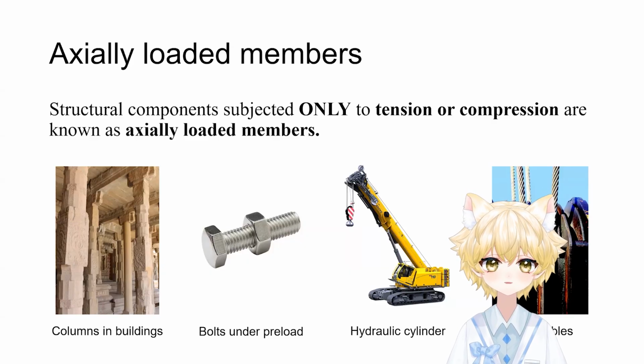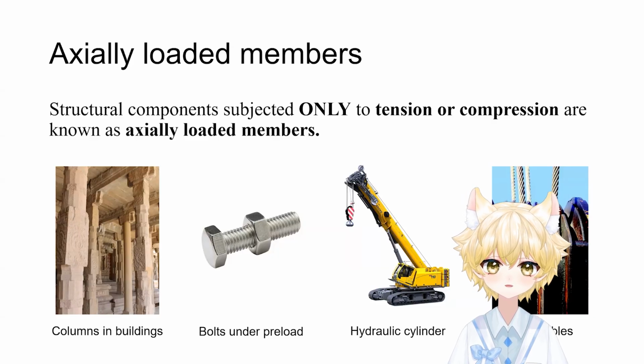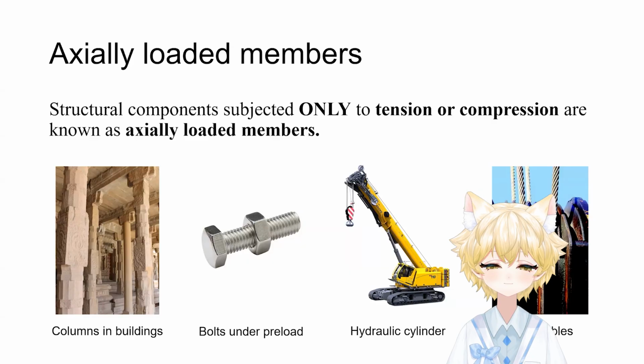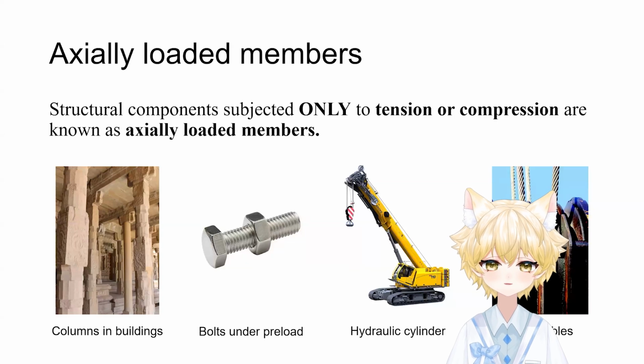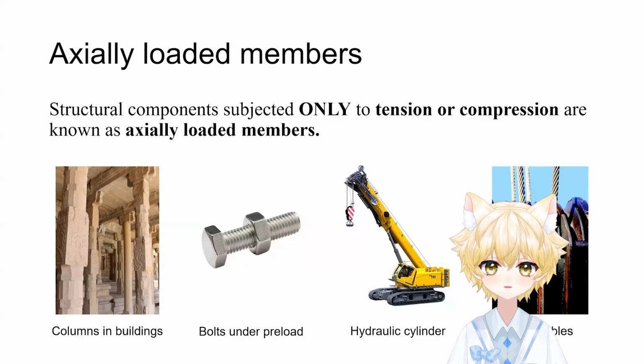I want you to look at the examples on the slides. They are everywhere in engineering. Columns supporting a roof, for example, right? Steel cables on a bridge, or the hydraulic cylinders in machinery. In all these cases, the member is experiencing only tension or only compression. There is no bending, no twisting.